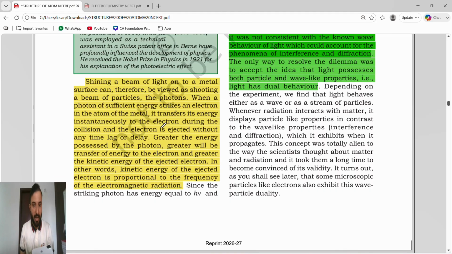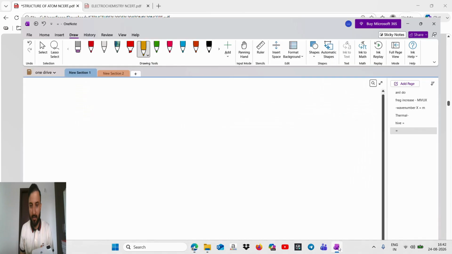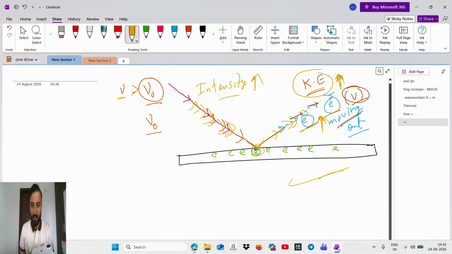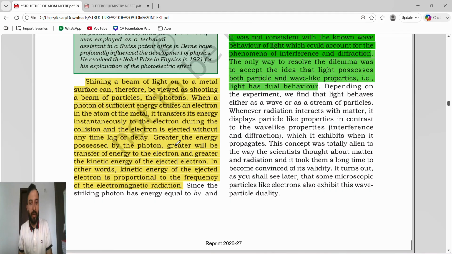During the collision, an electron is ejected without any time lag or delay. Greater the energy possessed by the photon, greater the transfer of energy to the electron, and greater the kinetic energy of the ejected electron.